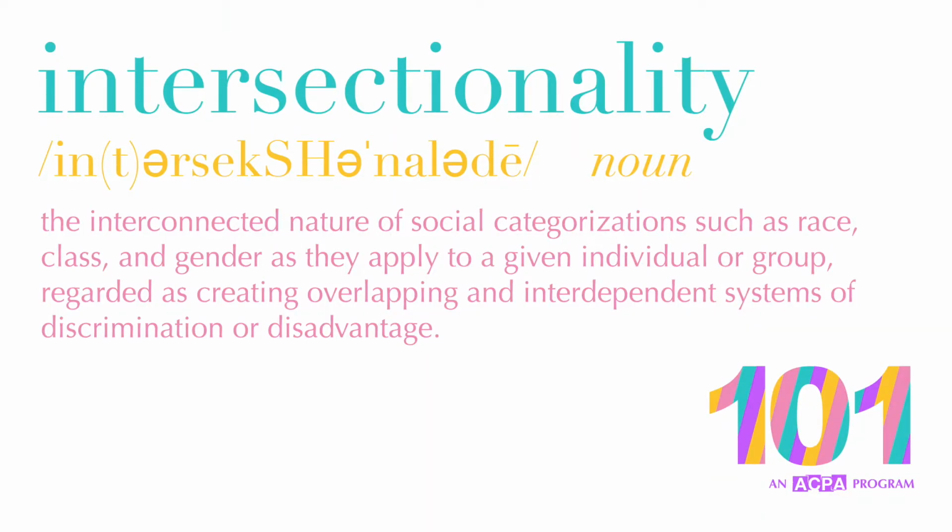So intersectionality is the study of how two different forms of discrimination or oppression may meet. Intersectionality. Noun. The interconnected nature of social categorizations such as race, class, and gender as they apply to a given individual or group, regarded as creating overlapping and interdependent systems of discrimination or disadvantage.